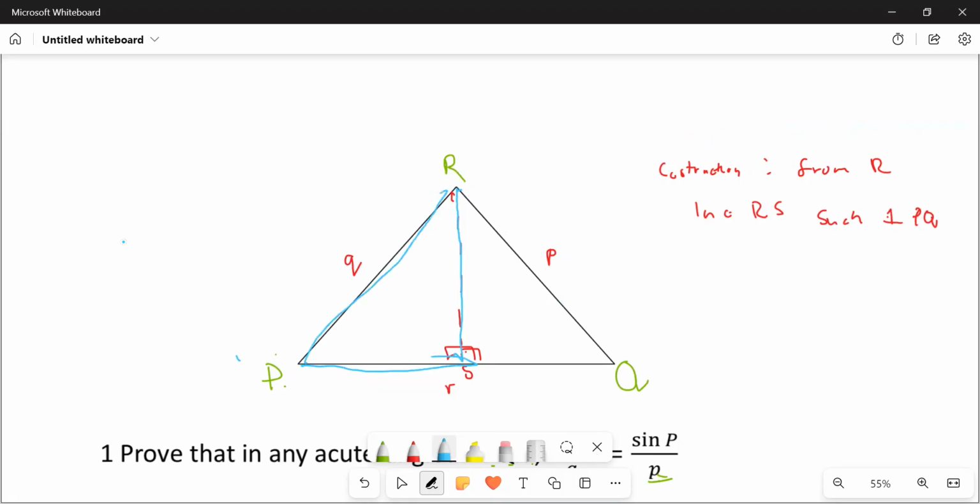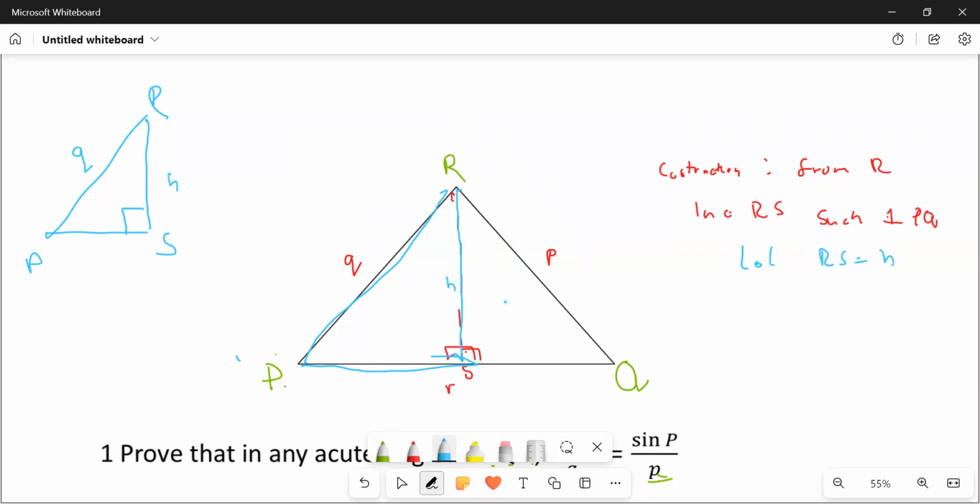It looks like this: here you have 90, here R, here S, and here P, and this one here is going to be Q. We can make our life a little bit simpler by naming RS: let RS be equal to H, so that we have a height H.